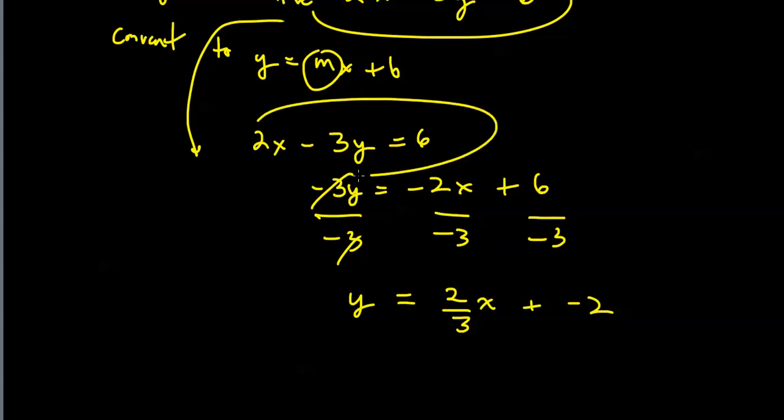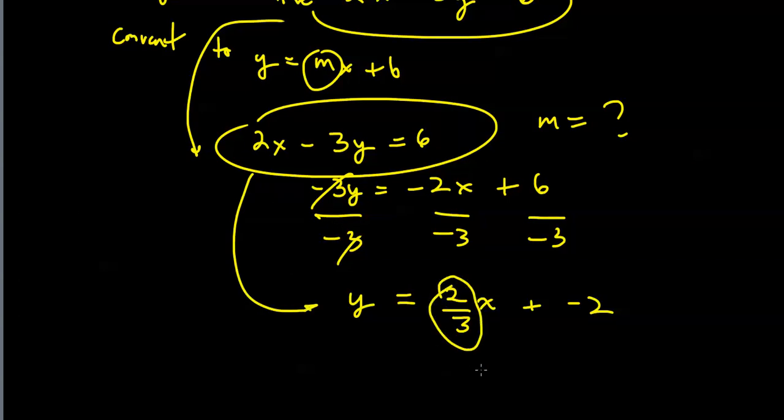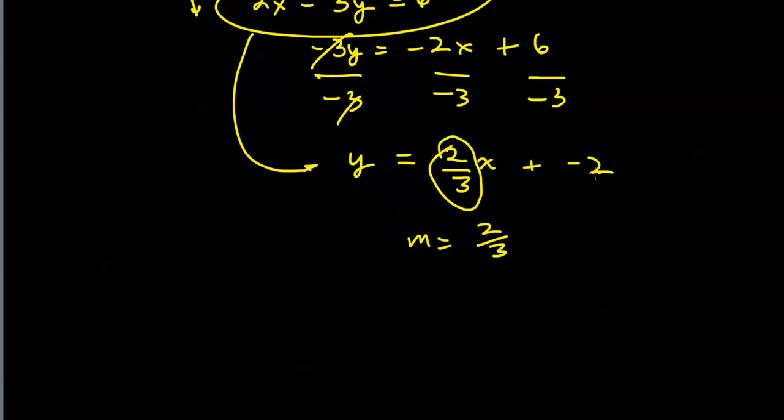So if I want the slope of this line, by converting to this format I can see the slope is nothing more than my x multiplier in this form. My slope is 2/3. It's much easier to use this very powerful slope-intercept form. Oh, by the way, the y-intercept is, of course, minus 2.